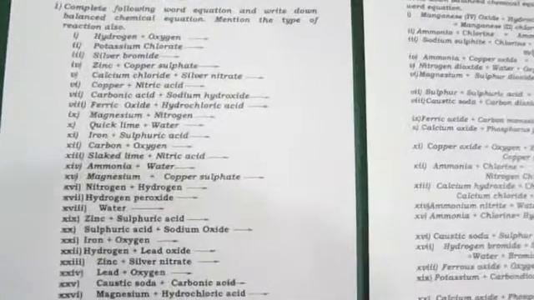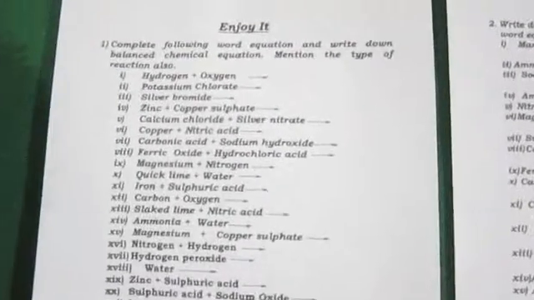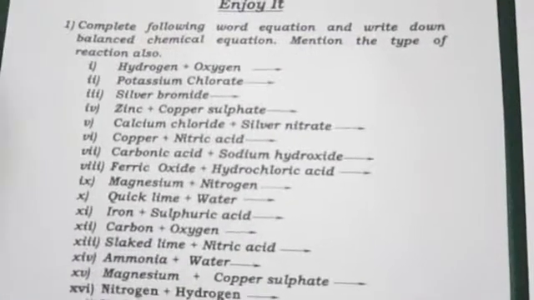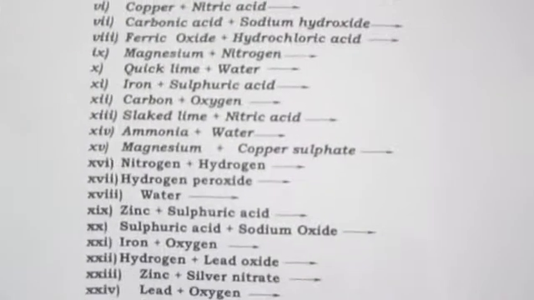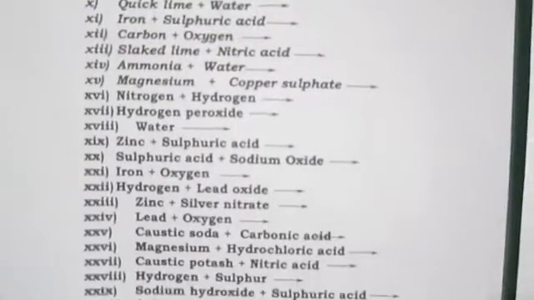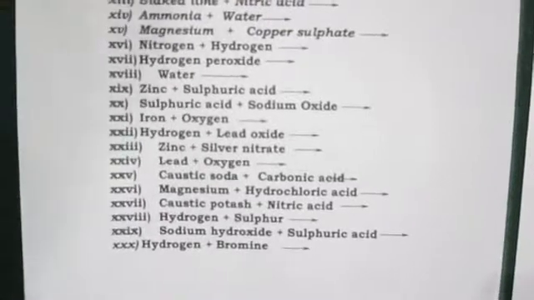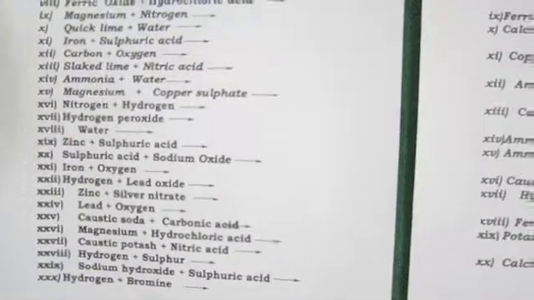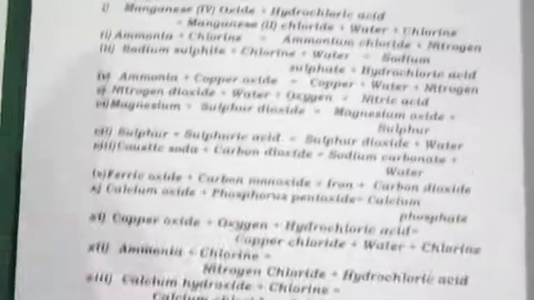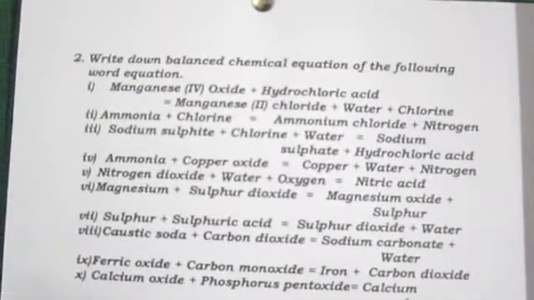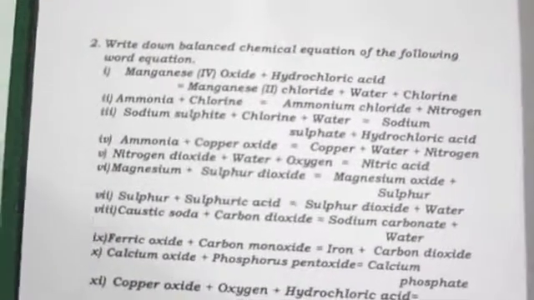I told you about 4 basic types of chemical reaction. They were combination, decomposition, displacement, and acid-base reaction. Among these 4, each chemical equation falls under one of them. In the same way, question number 2: write down the balanced chemical equation of the following word equations.